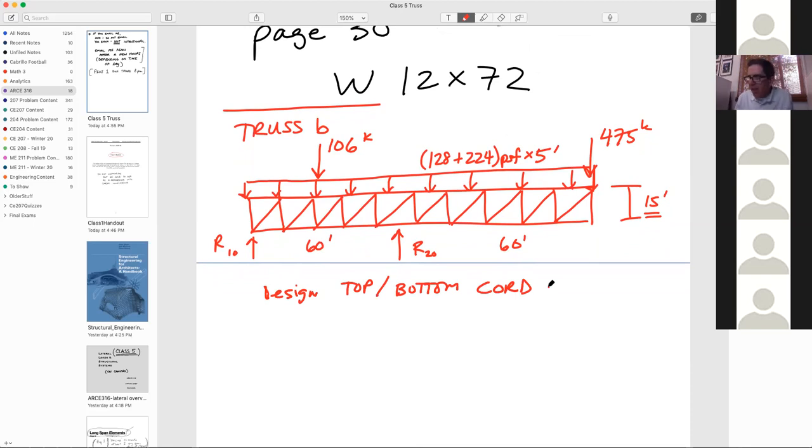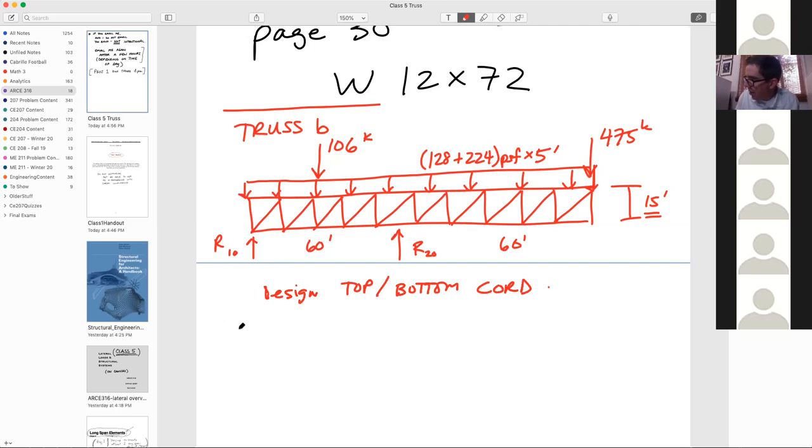And so unlike truss A, which had some nice symmetry, there's clearly no symmetry here. So what we're interested in doing then is we're going to have to do statics. If we were doing load flow, if we were finding some column loads, right?